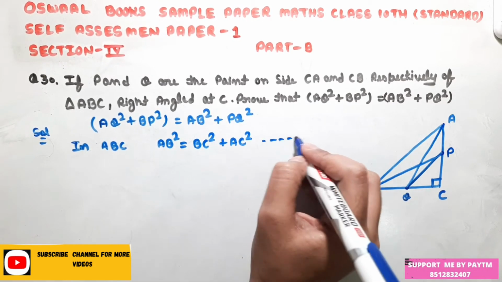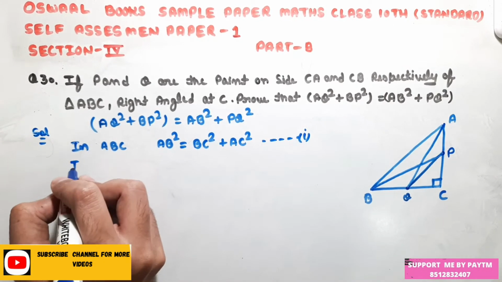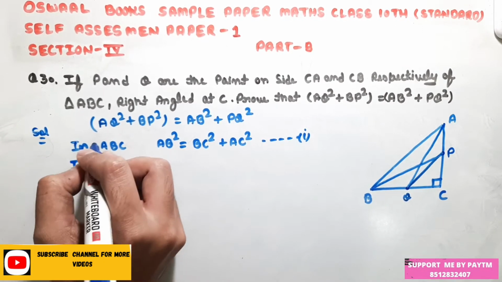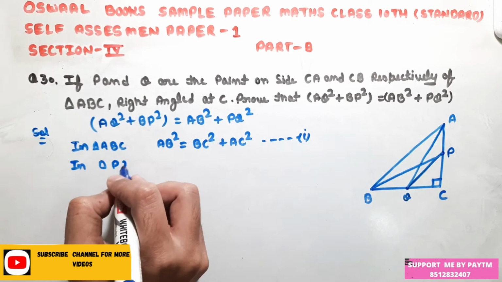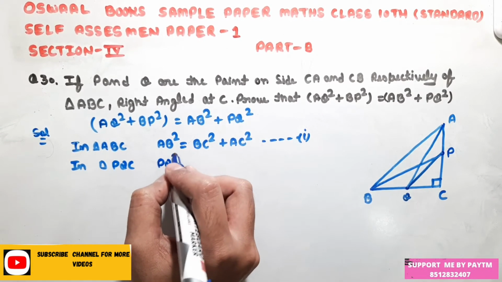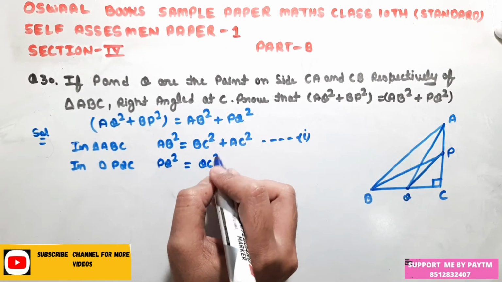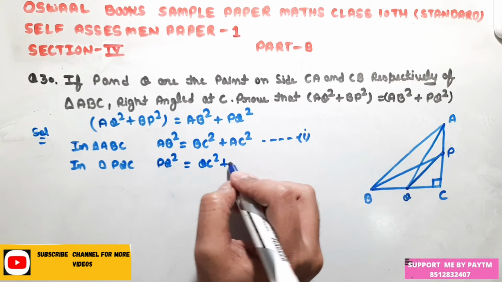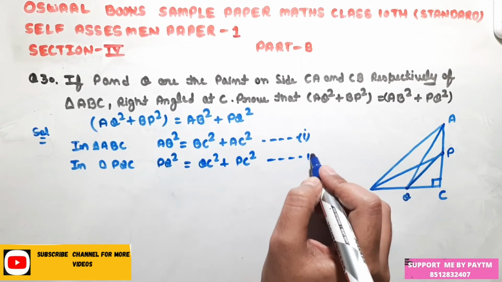Let this be equation first. In triangle PQC, PQ square is equal to QC square plus PC square. Let this be equation second.